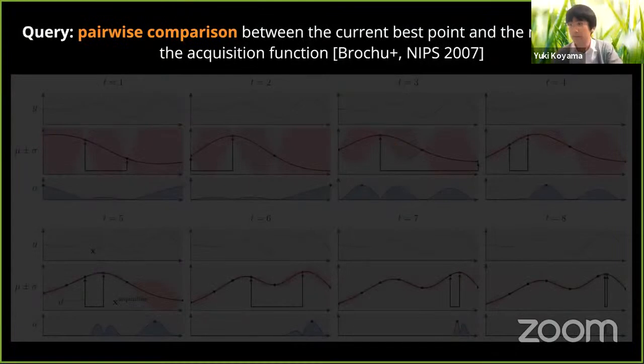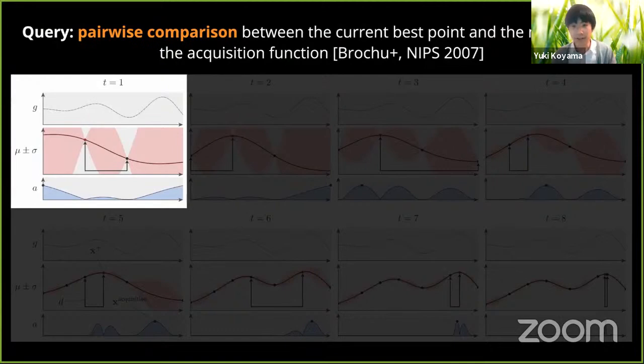This slide shows how PBO works in a simple one-dimensional problem. In this case, we use a pairwise comparison query in which the current best point and the maximizer of the acquisition function are compared in each iteration. For the first iteration, we randomly sample 2 points and then compare them to determine which is higher.